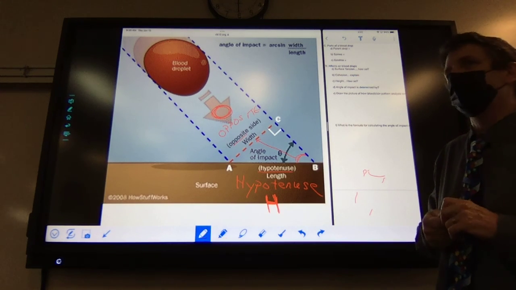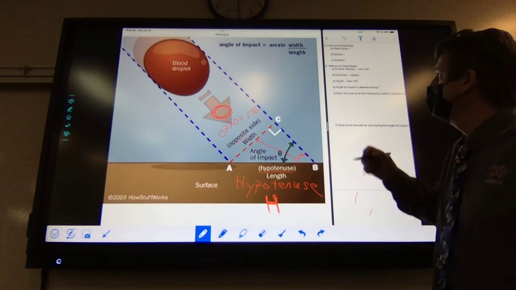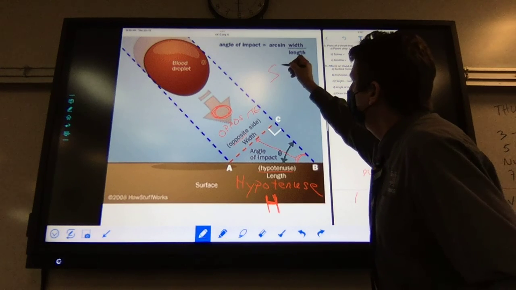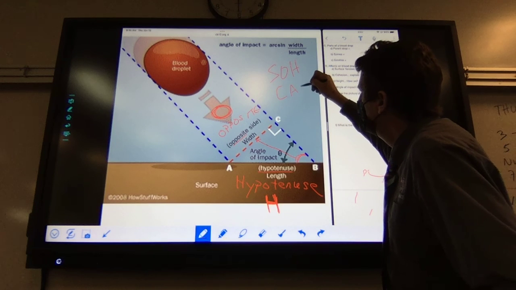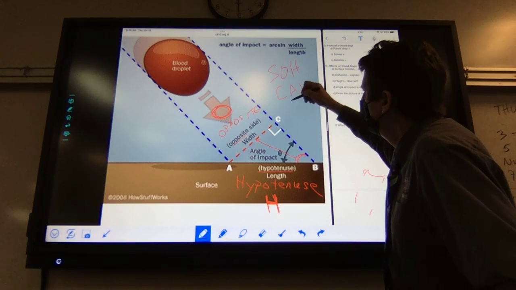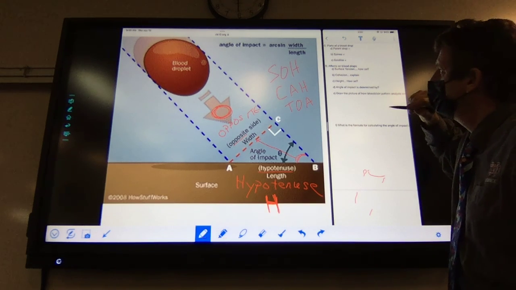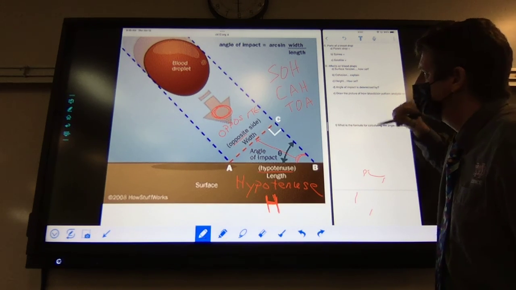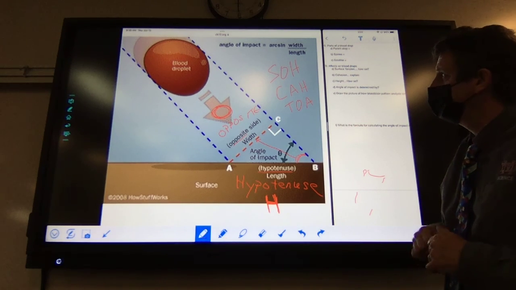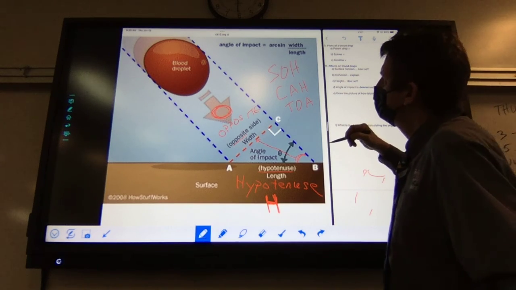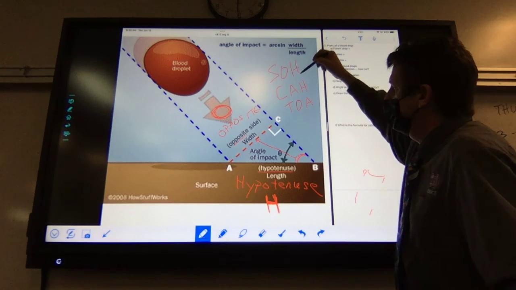We're getting at SOHCAHTOA. Have you heard of that before? So the sine is the opposite over the hypotenuse.